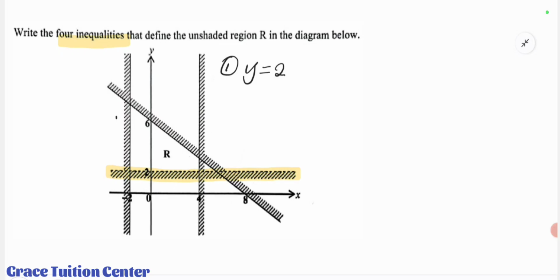So what we are going to do here is we're going to ask ourselves a question. Is R, this region here, on top of the line or under the line? We can clearly see that R is actually on top here. You see that?